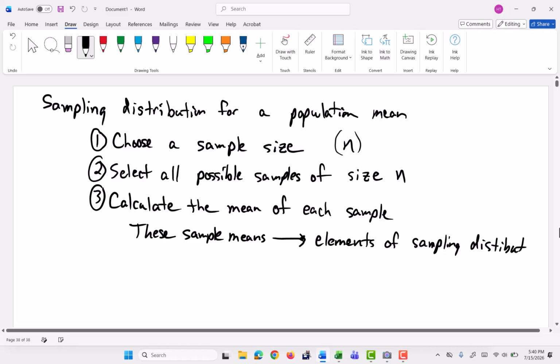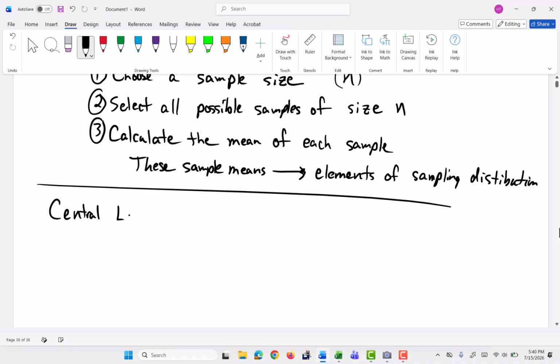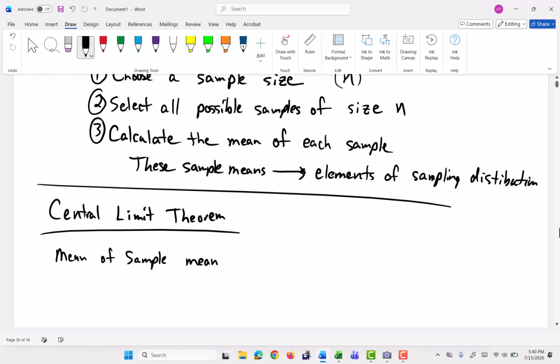And remember, we said the central limit theorem tells us that the mean of the sample means is exactly equal to the population mean.